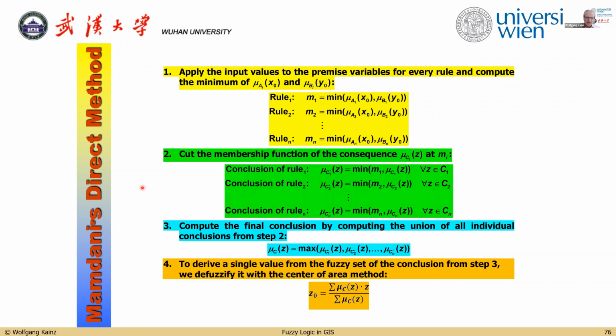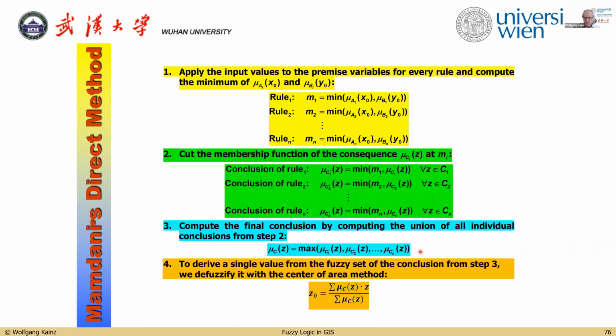So in step 1, we compute the minima for every premise part of our rules. In step 2, we cut every conclusion fuzzy set at these minima for every rule. And in step 3, we take these cut or truncated membership functions for the conclusion of every rule and compute the union of all these. I use the maximum operator here for computing the union.